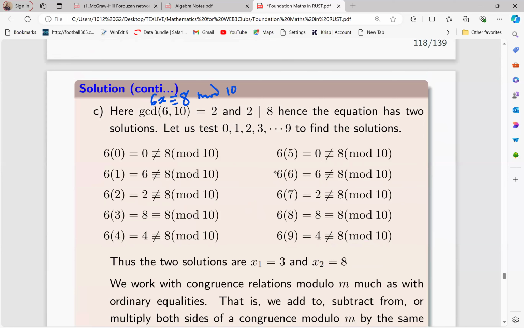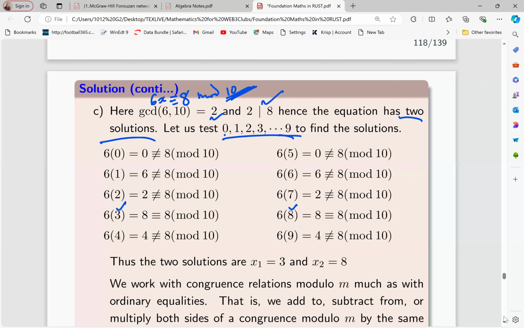And again, 2 divides 8, and therefore it has two solutions. You try numbers from 0 to 10 minus 1, which is 9. And when you do that, you will get that one solution is 3, and another solution is 8.